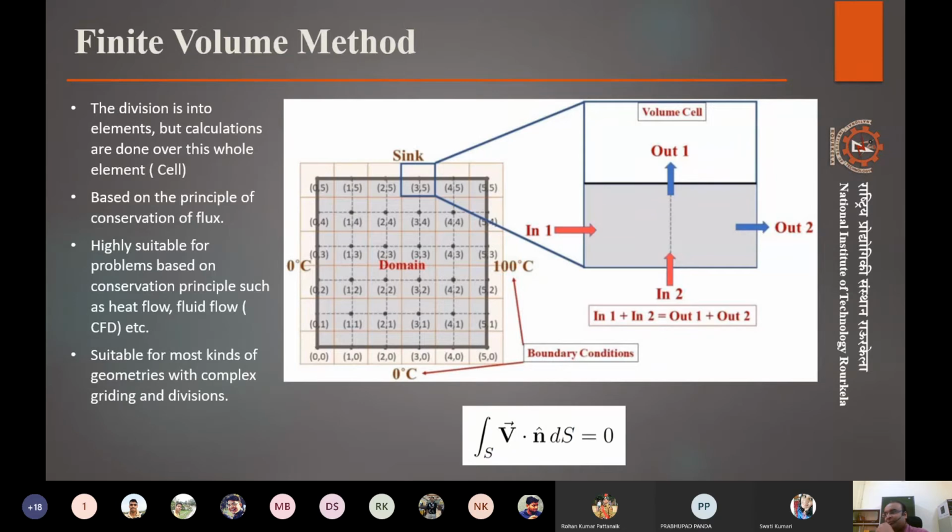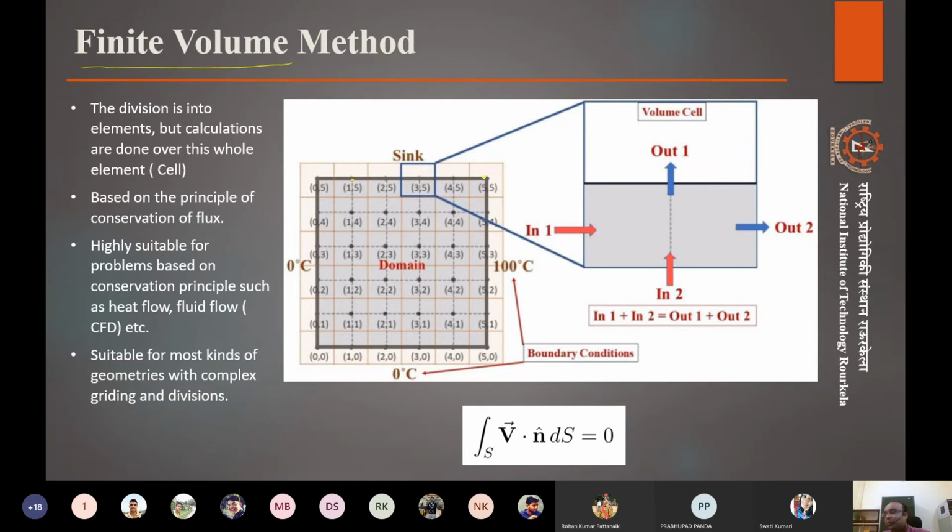Now, in the finite volume method, in place of doing the calculations at the nodes, we do the calculations in the whole surrounding area. So finite volume is the keyword here. The divisions are made similar to what we do in the finite element method.